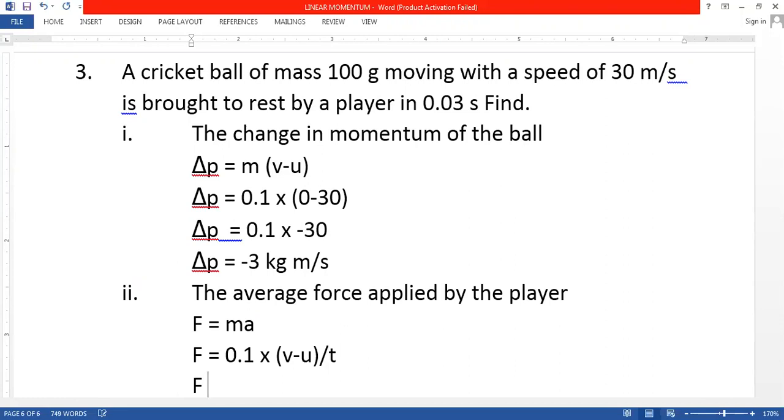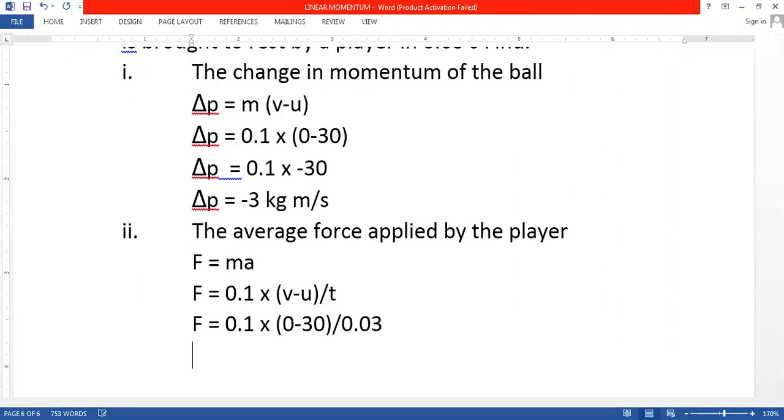Exactly. So F is equal to 0.1 into v minus u, that was minus 30, divided by 0.03. So F is equal to 0.1 into minus 30 divided by 0.03.